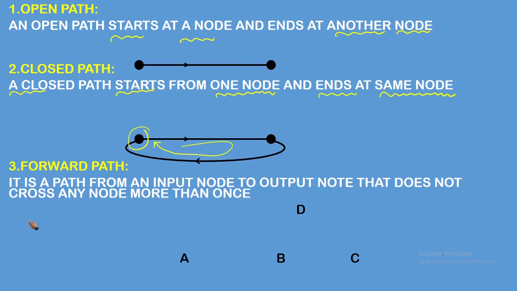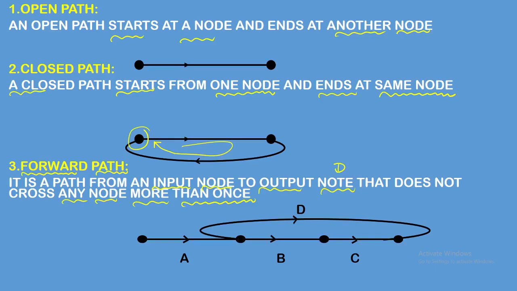Next you see the forward path, which we are going to use particularly for solving problems. A forward path is a path from the input node to the output node that does not cross any node more than once. So this is very important. In this example, let me give the numbers 1, 2, 3 and 4 to the nodes.